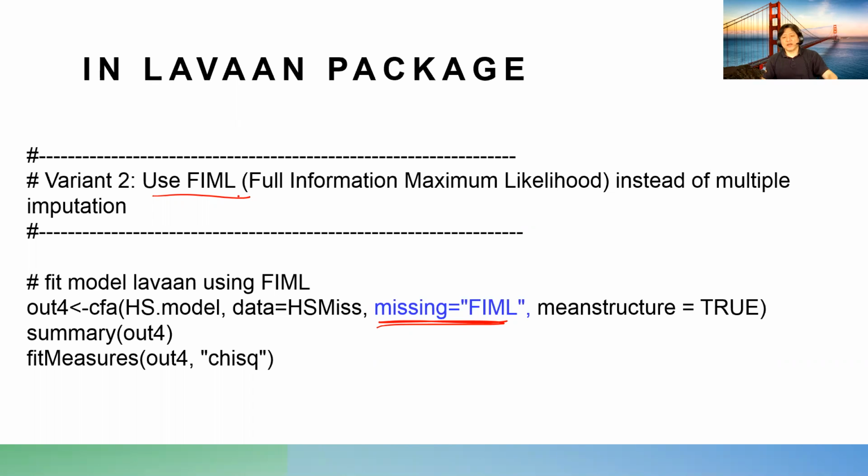So it is playing with the sample. But maximum likelihood estimation is playing with the parameter. It's a little bit different. So it doesn't do the sampling process.